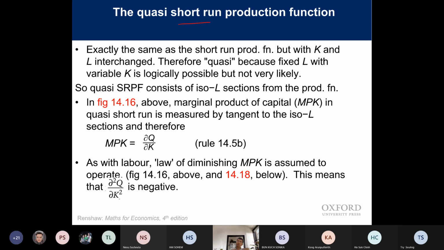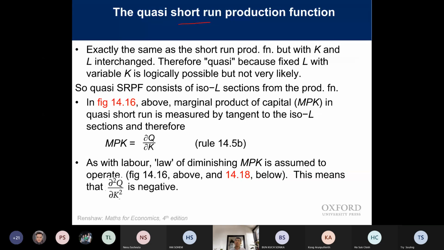In practice, it's easier to recruit or fire workers than to buy a new machine, because it's more expensive and you need time to deliver the machine.